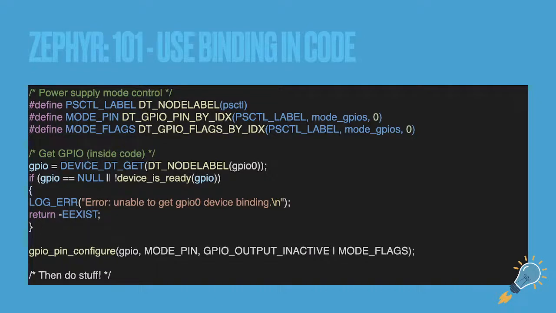In this case we're just pulling GPIO 0 because we know that's the port. And then we can just use gpio_pin_configure, and as usual we'll use gpio_pin_set, get, update or change, set high, set low, and so on and so forth. So setting an interrupt, things like that.